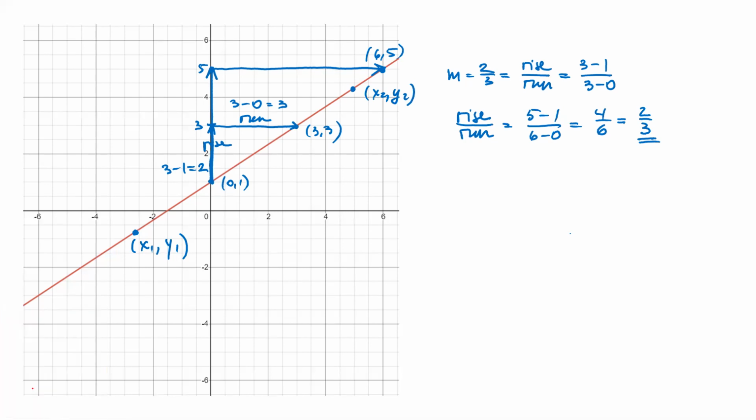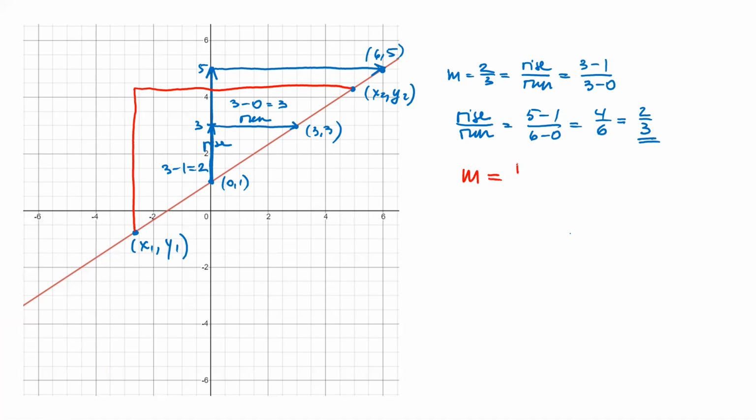So the ratio of the rise over the run of these points is going to be equal to the slope of this line.